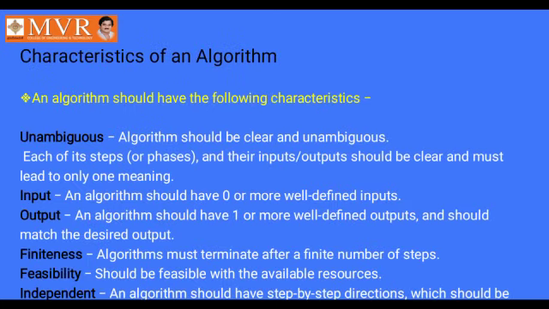Now coming to the characteristics of an algorithm. An algorithm should have the following characteristics. It is unambiguous, that is, an algorithm should be clear and have no confusion. Each step should be clear and must lead to a meaningful solution. Next, input: my algorithm should take one or more inputs.